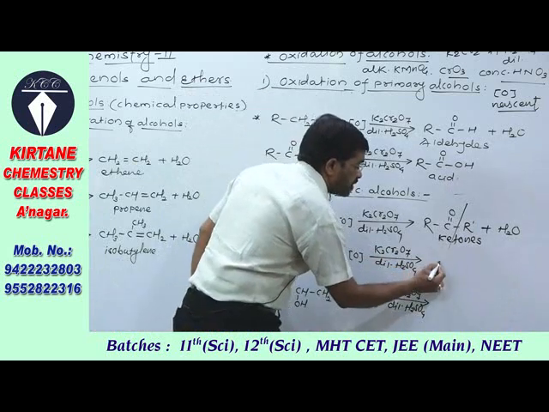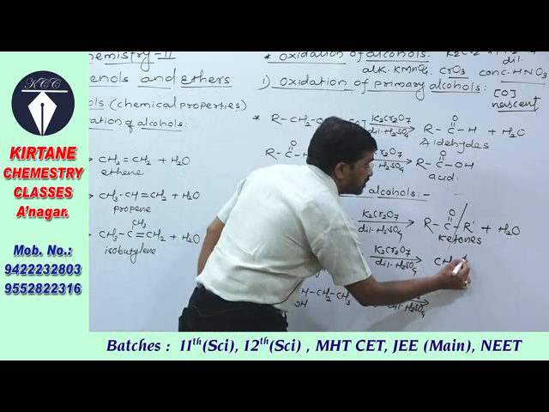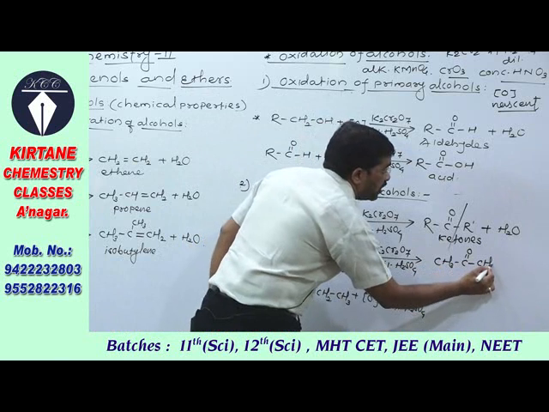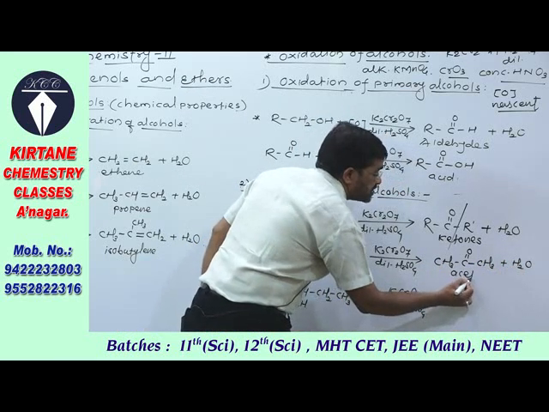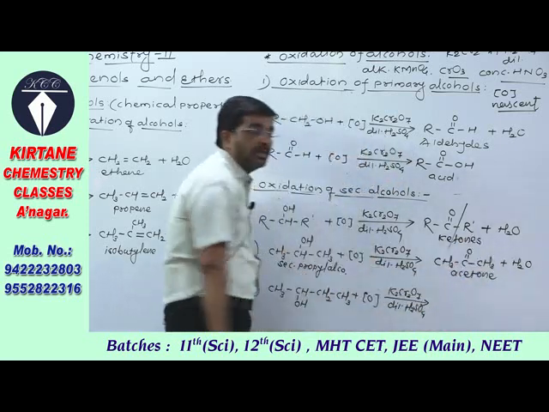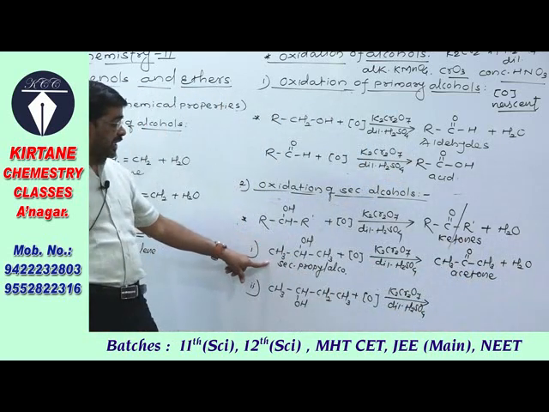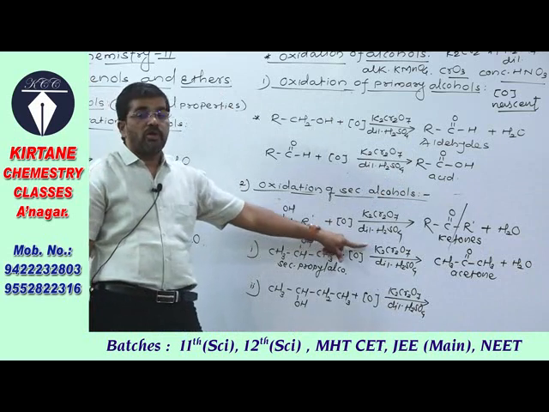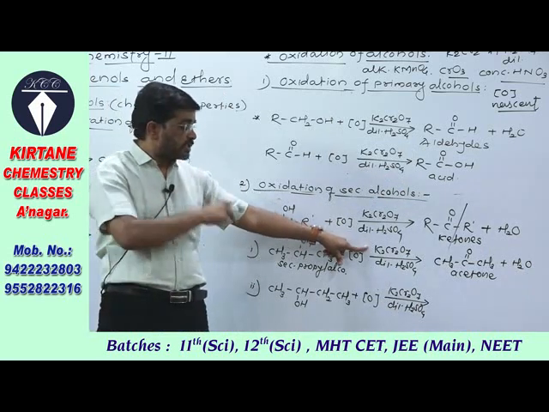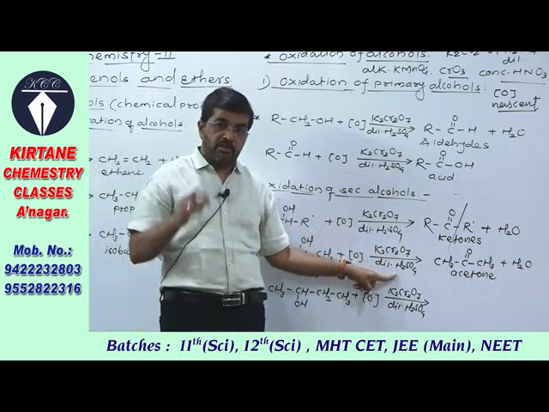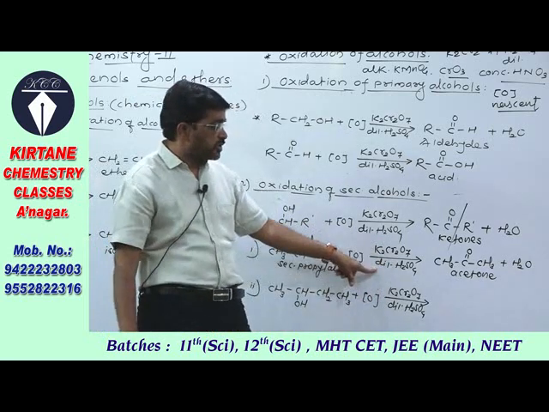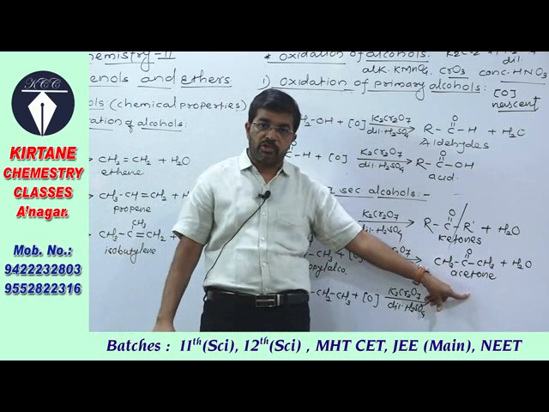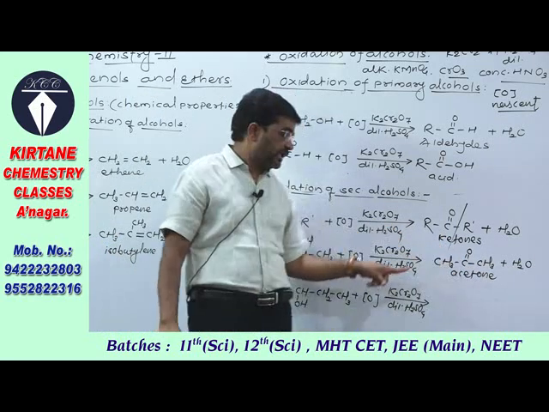Here there is formation of CH3, C double bond O, CH3 plus H2O, that is acetone is obtained. Isopropyl, secondary propyl alcohol on oxidation with acidified potassium dichromate, potassium dichromate in the presence of dilute H2SO4 gives acetone or dimethyl ketone.